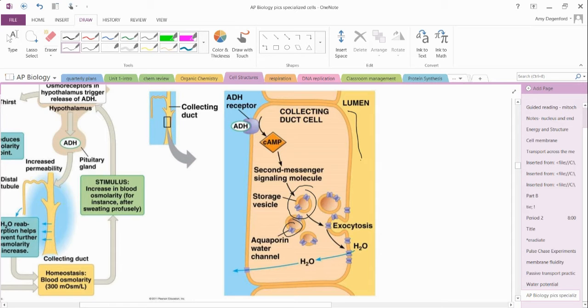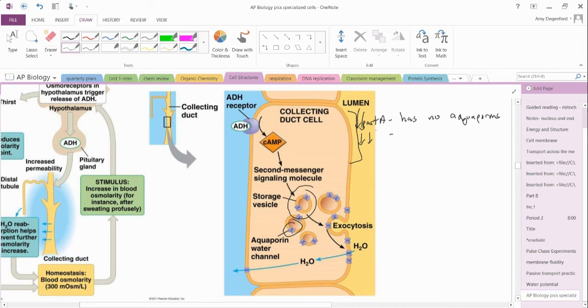Now, imagine up here, this is going to be our part A. Imagine this is a cell that has no aquaporins. If there are no aquaporins in this section, then think about what happens. Water comes down, and there's no passageway for it. There's no way for water to get in.